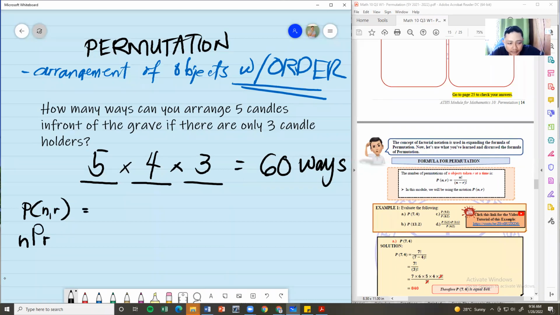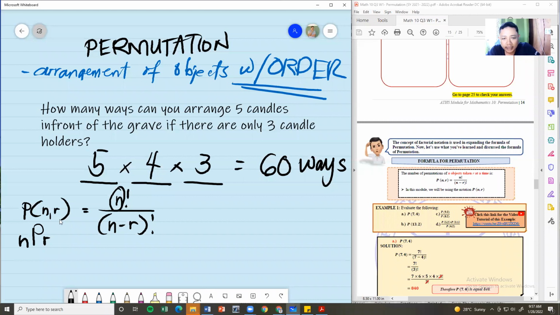And this simply means n factorial over n minus r factorial. Can you follow? And so, what do we mean by this? The n here is the number of objects, and then taken r at a time. Ilan lang yung pwede mong gamitin.